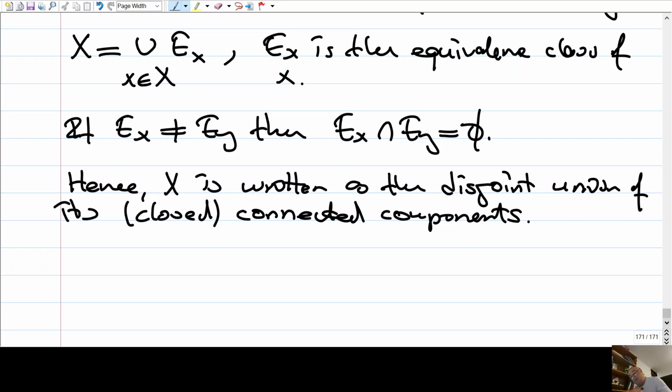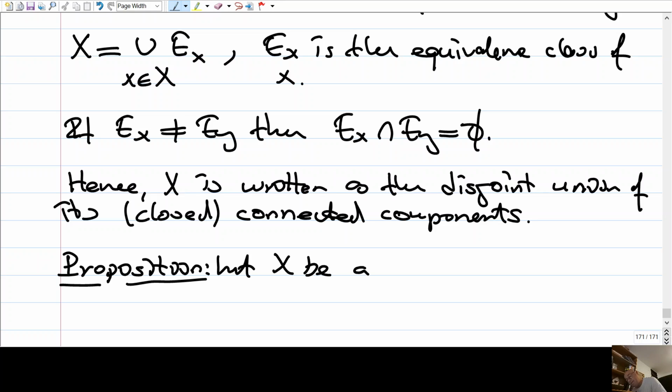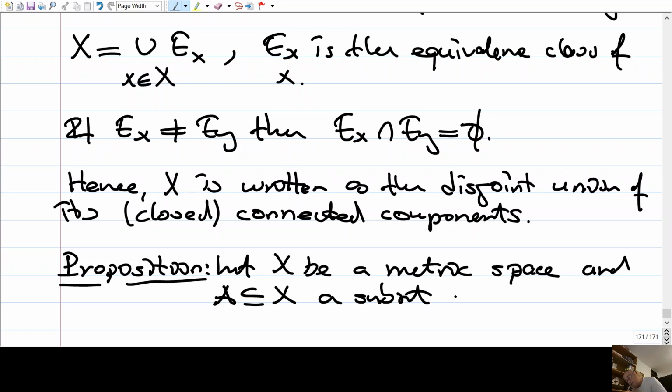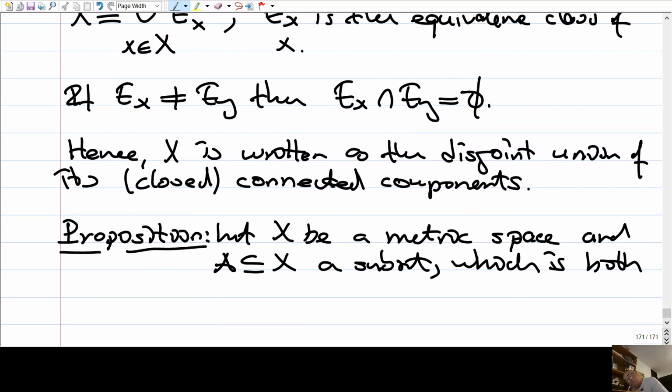All right. Moreover, we have the following proposition. Let X be a metric space and A a subset which is both open and closed.